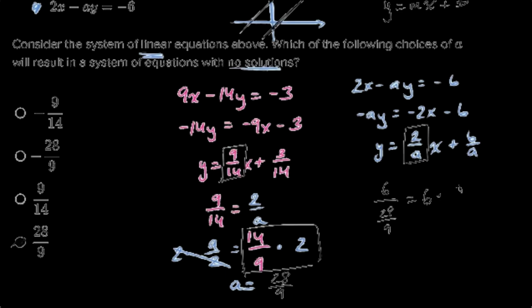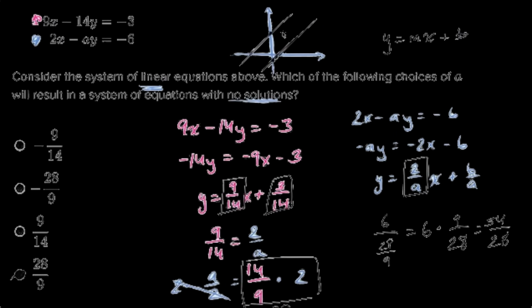So it's going to be the same thing as 6 times 9 over 28, which is 54 over 28, which is clearly different than 3 over 14. So if a is 28 over 9, same slope, different y-intercepts, and you're dealing with parallel lines. They will not intersect, and you're going to have no solutions.